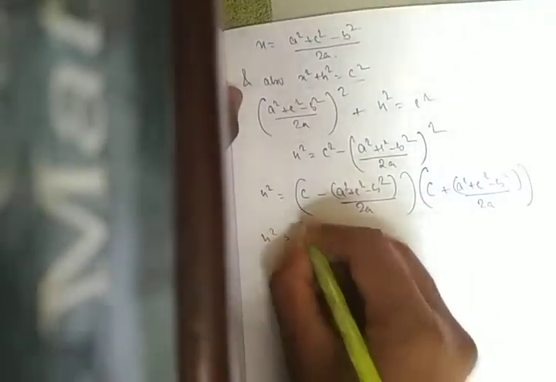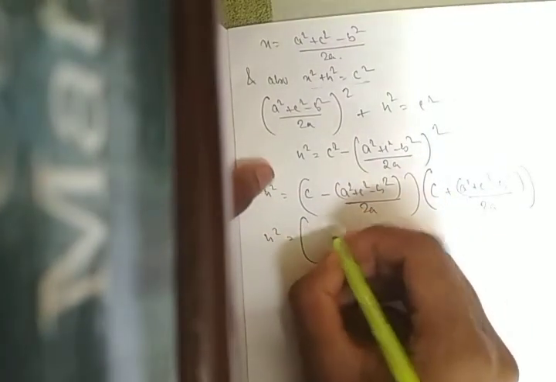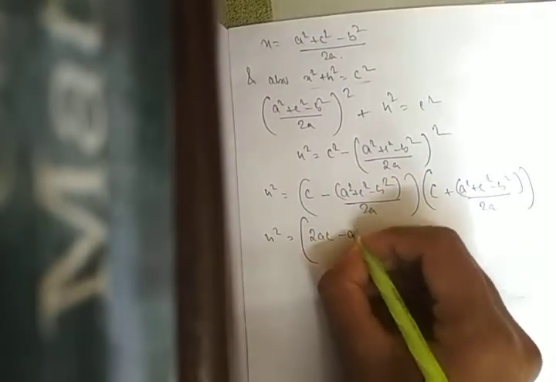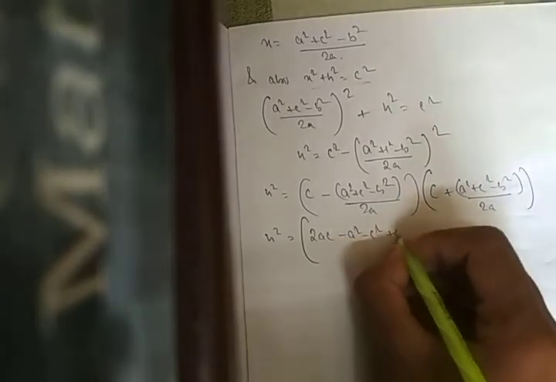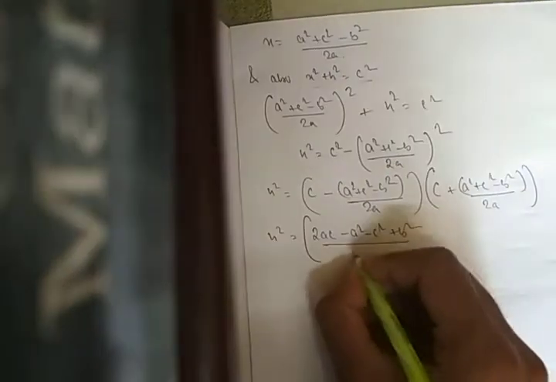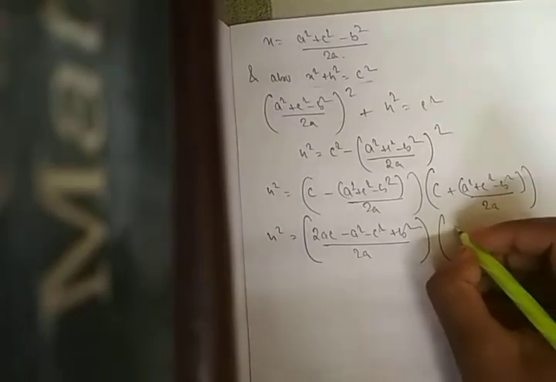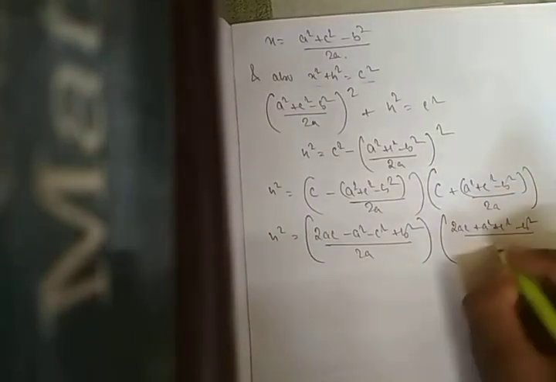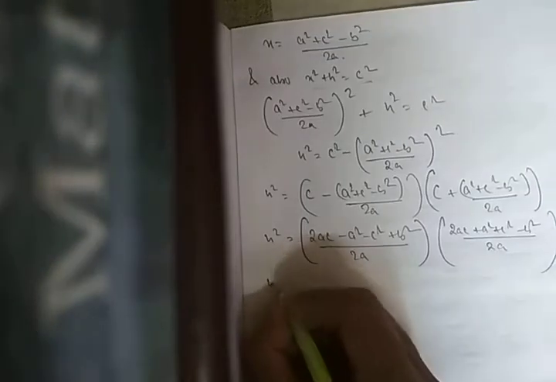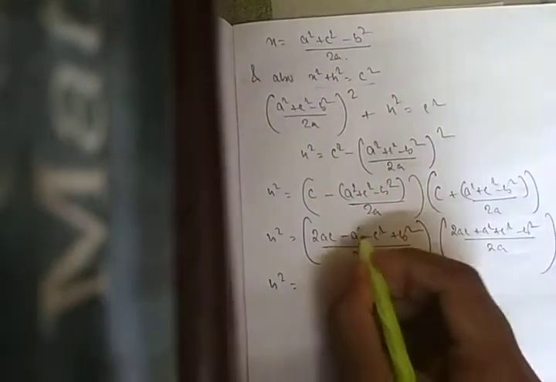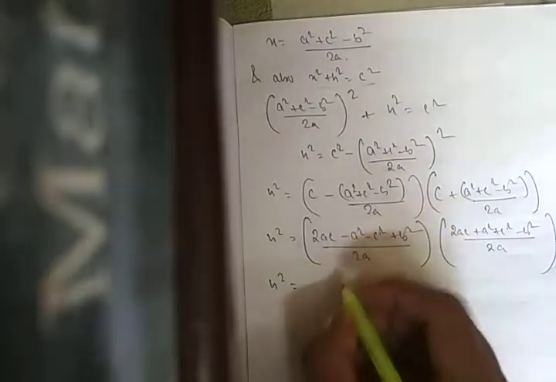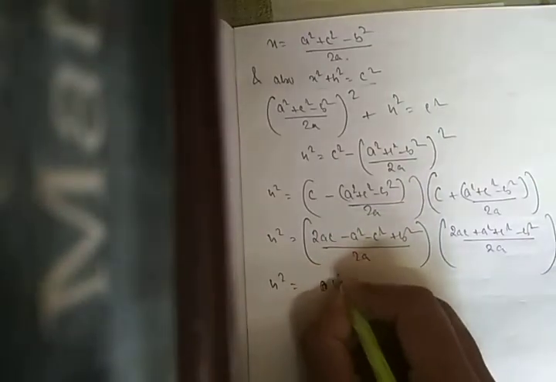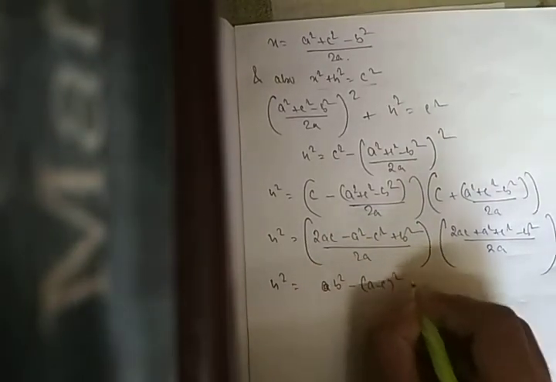So h square is (2ac minus a square minus c square plus b square) divided by 2a, times (2ac plus a square plus c square minus b square) by 2a. If we take minus common, it is b square minus (a minus c) whole square.